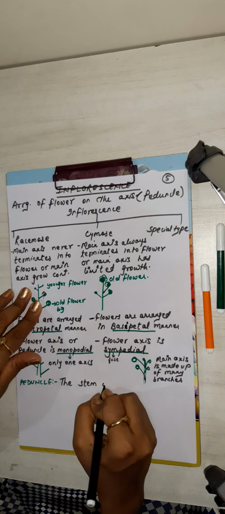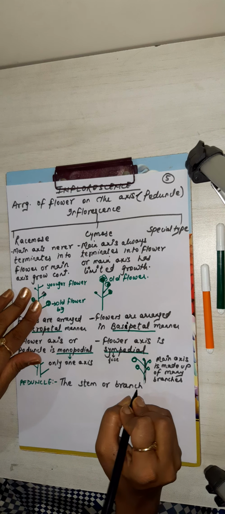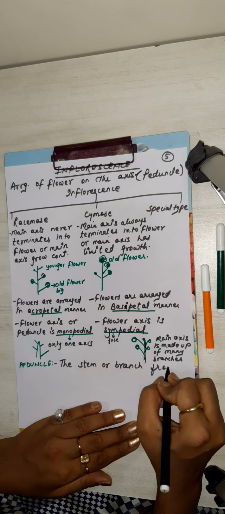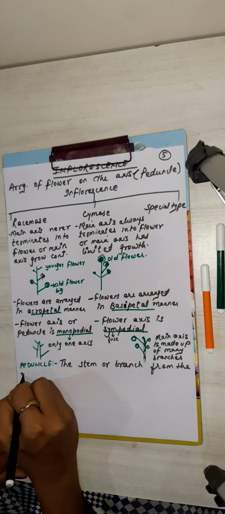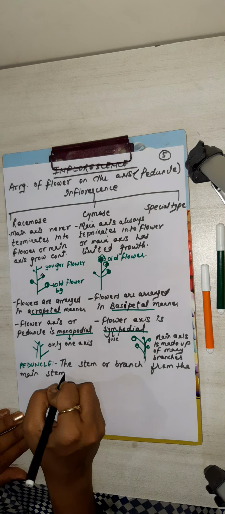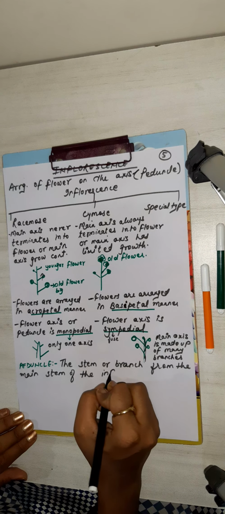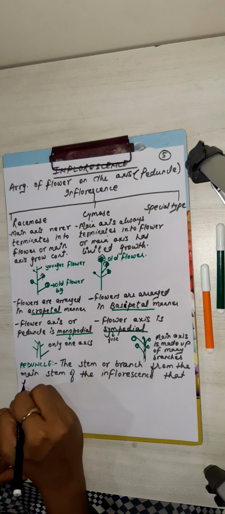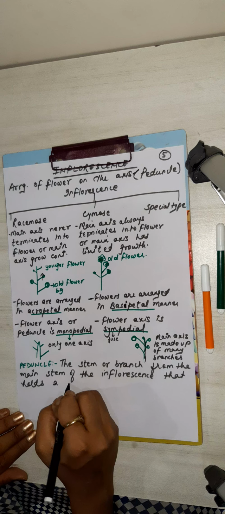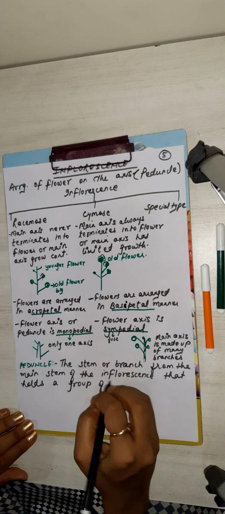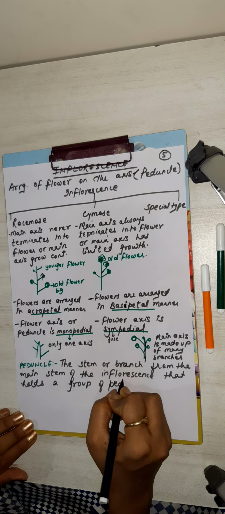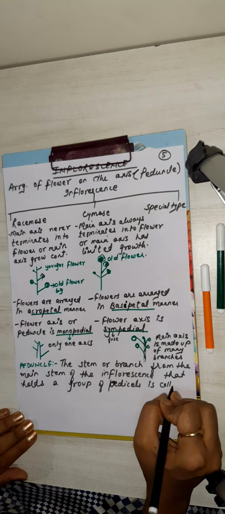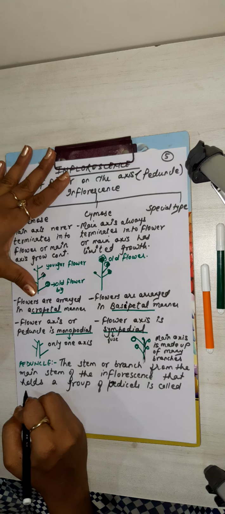The stem or branch from the main stem of the inflorescence that holds a group of pedicels is called peduncle.